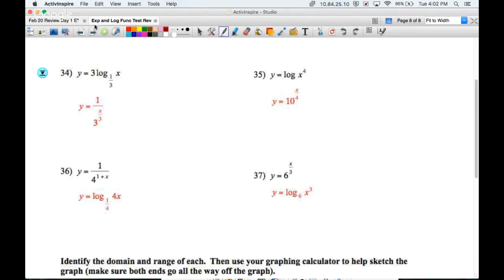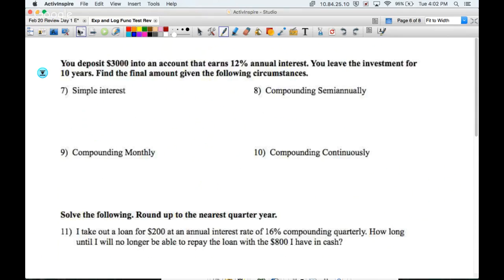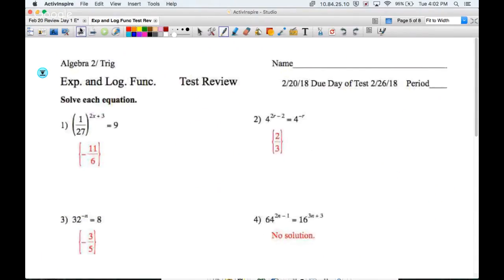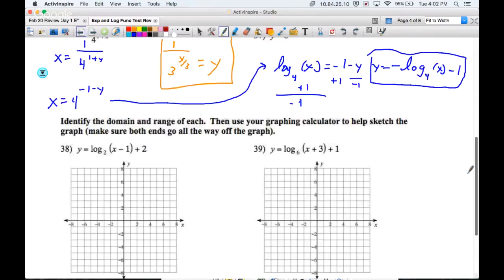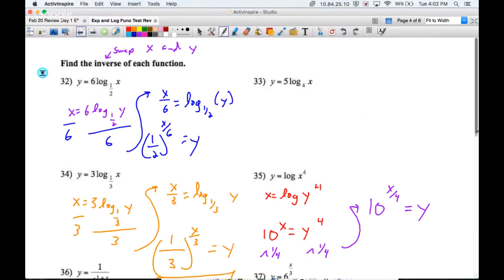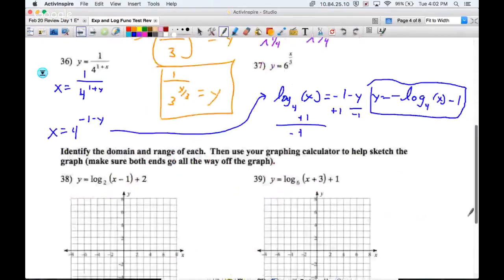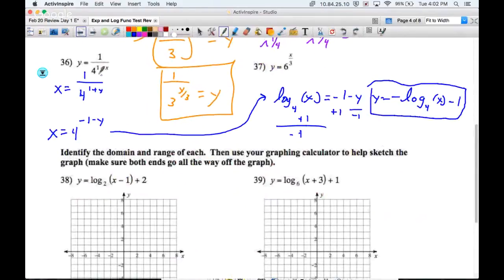Interesting. They went log base 1/4 of 4x. Let's see.